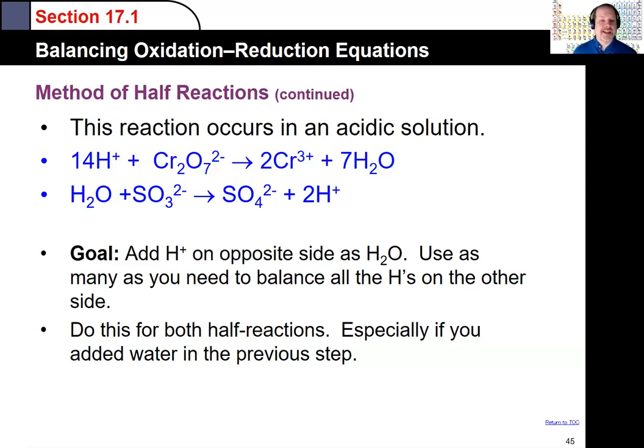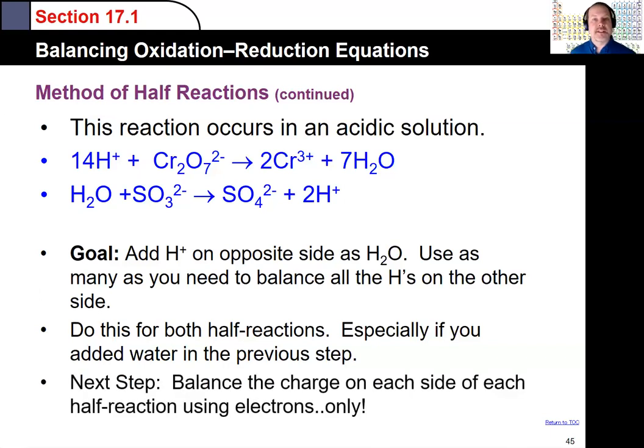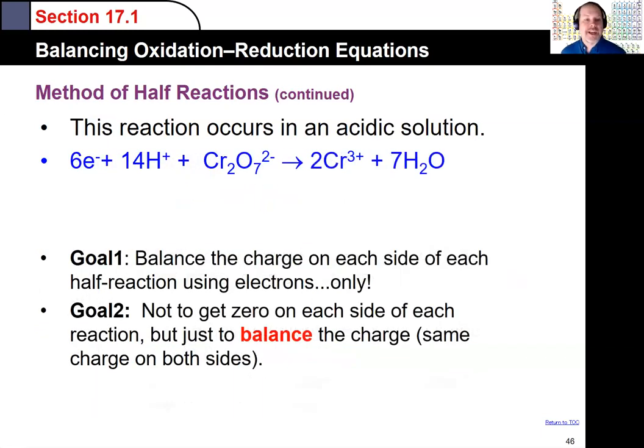Now, once we've done that, our next goal is to balance the number of charges on both sides. The goal is to balance them, and not to worry about getting both sides to 0. Balancing the charge, we can only use electrons. So in order to do that, I need 6 electrons to balance the charge on the first reaction.